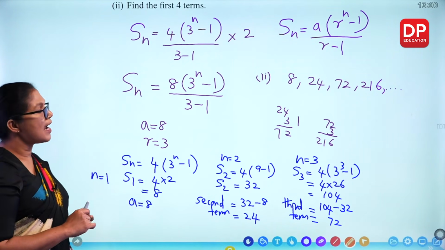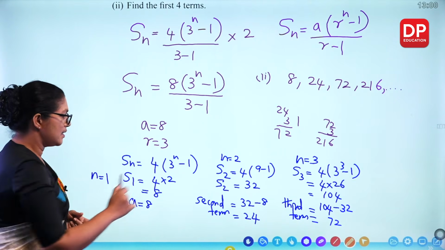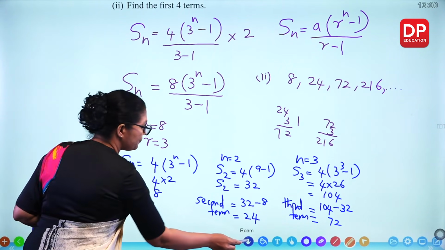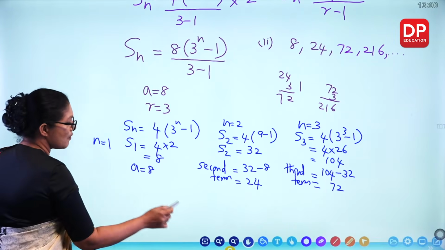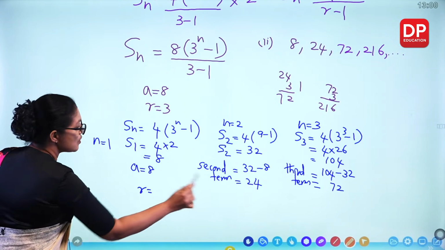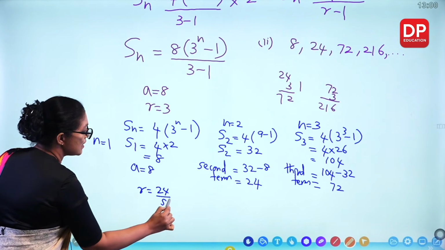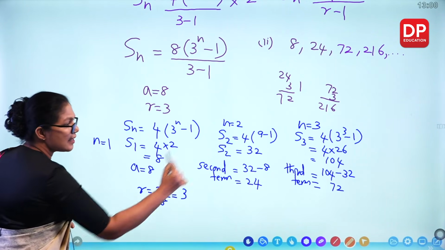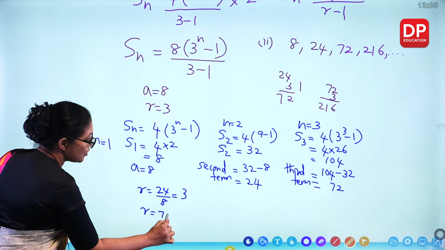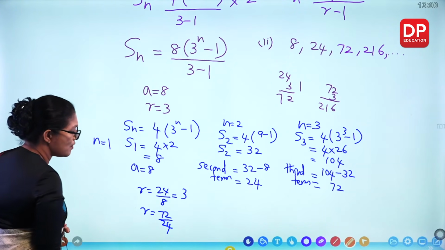How can we decide whether it's a geometric progression? Look at the ratio. When you take the first 2, what's the ratio? The ratio is 24 over 8. That's 3. Now take the second and third. What's the ratio? 72 divided by 24.